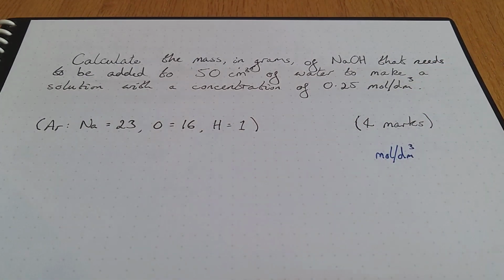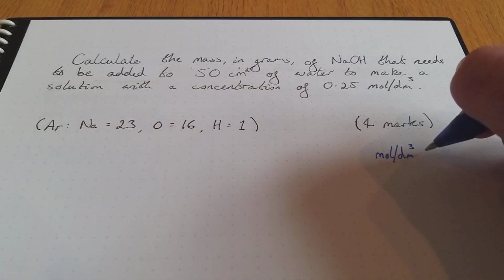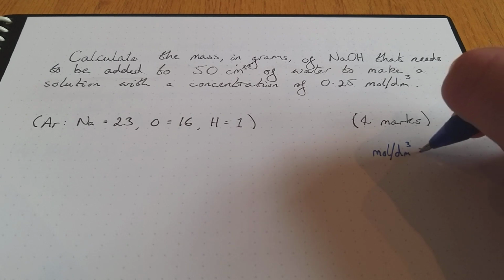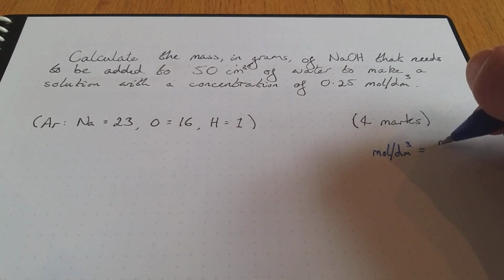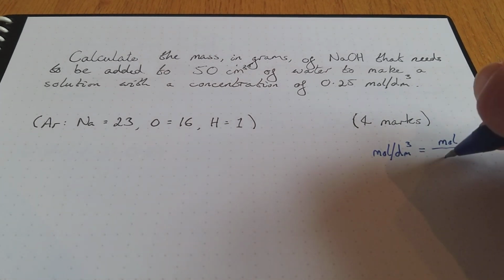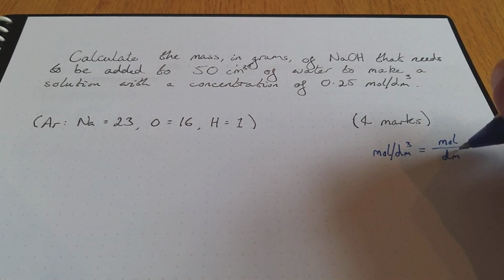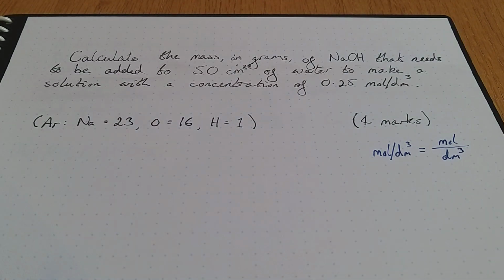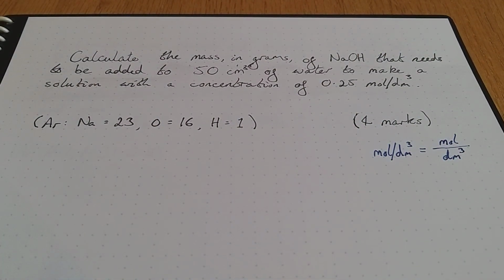And so if you look at that, that dash, remember, means a divide, just like meters per second is meters divided by seconds when you're calculating speed. So moles per dm cubed we would calculate by doing the moles divided by the volume of our solution in decimeters cubed. So that's one of the calculations that we're going to need to be using, and we'll think about how we need to rearrange that in a second.